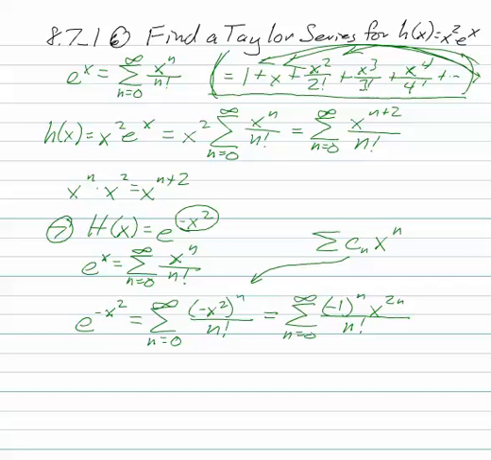So I'm going to write this out so you see it, and it can help clear one thing up. If we write out the first few terms, this is going to be a 1 minus, because it's alternating, an x squared plus an x to the 4th over 2 factorial minus an x to the 6th over 3 factorial plus an x to the 8th over 4 factorial, and so on.